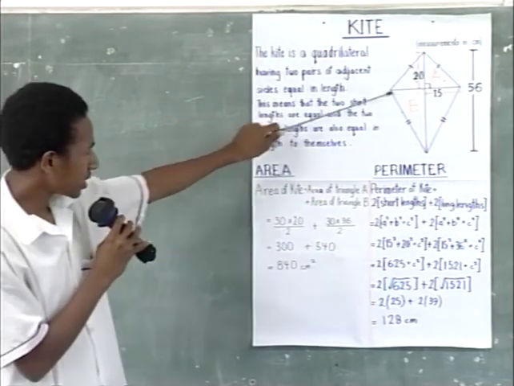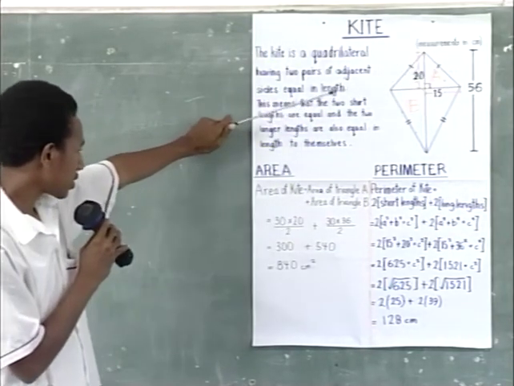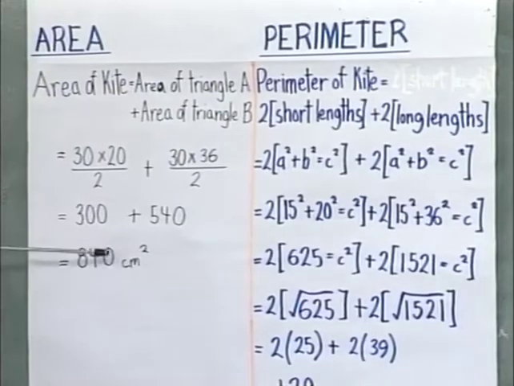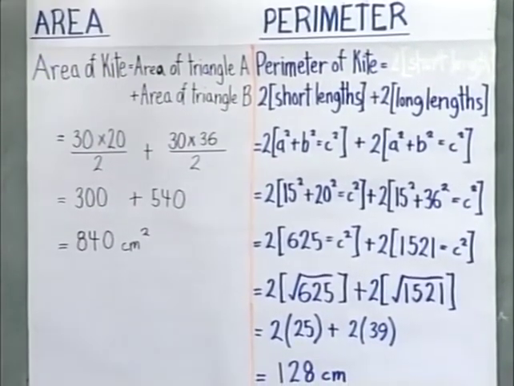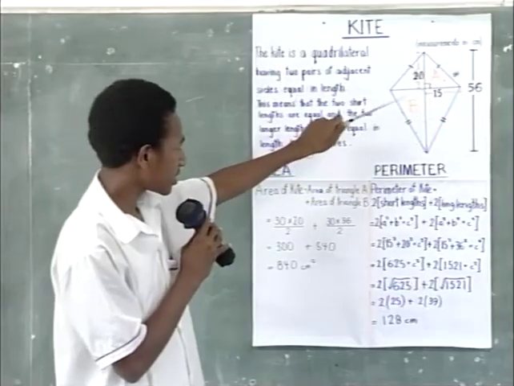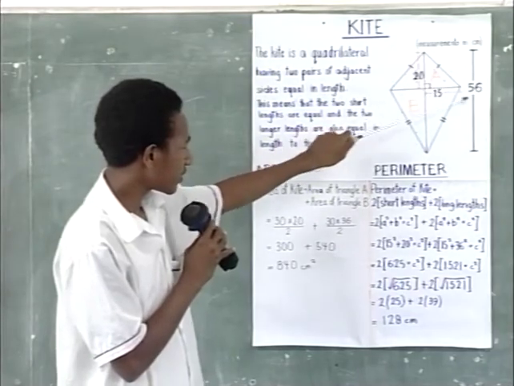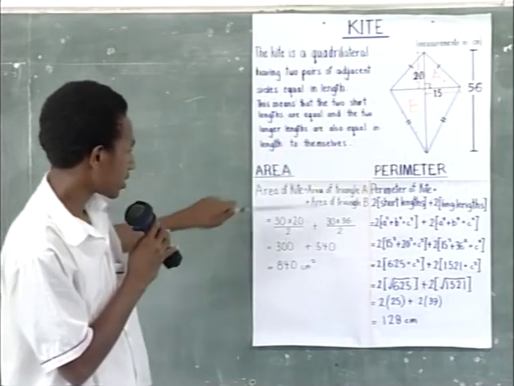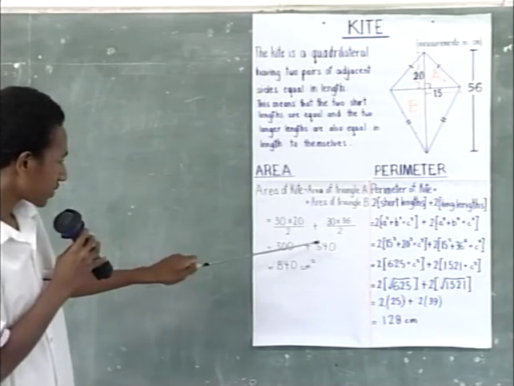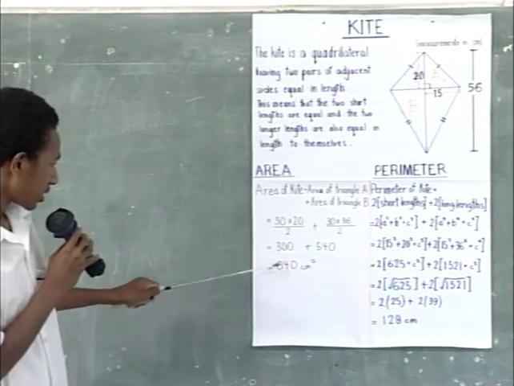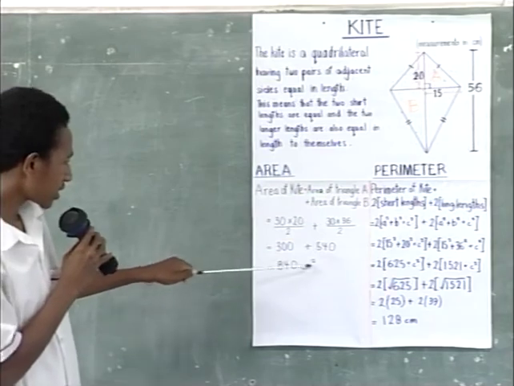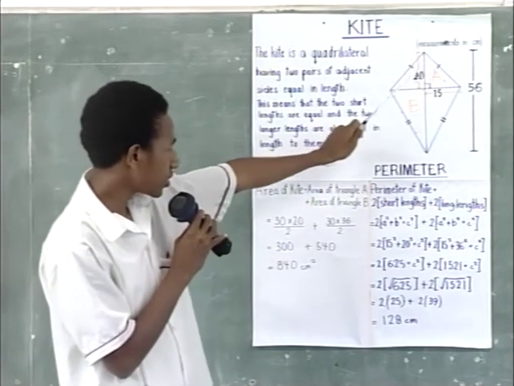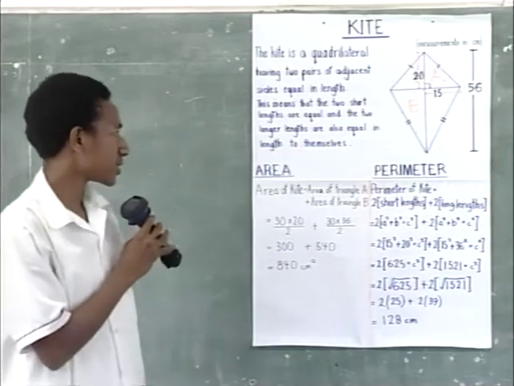So 30 times 20 divided by 2 is 300, plus 30 times 36. We got 36 by subtracting 20 from 56 to get this length. Divided by 2 is equal to 540. And when we add the two areas, we get 840 square centimeters, since the unit is in centimeters.